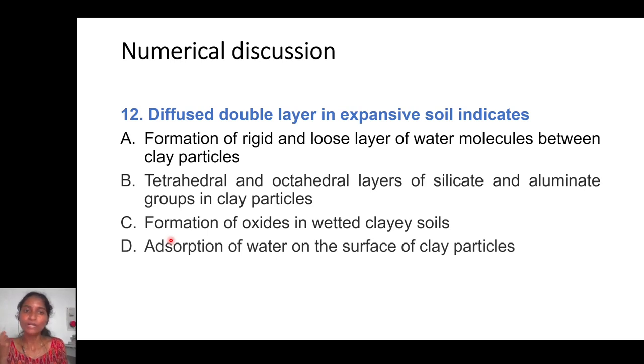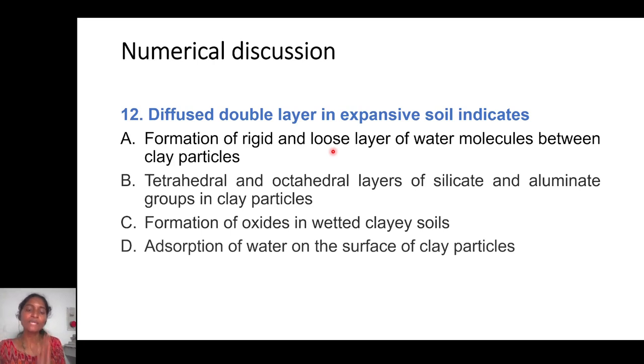There are two layers. One layer is rigid, another is loose. As you move from the surface of clay to far away, the strength of the layer becomes very loose in structure. So from rigid to loose.